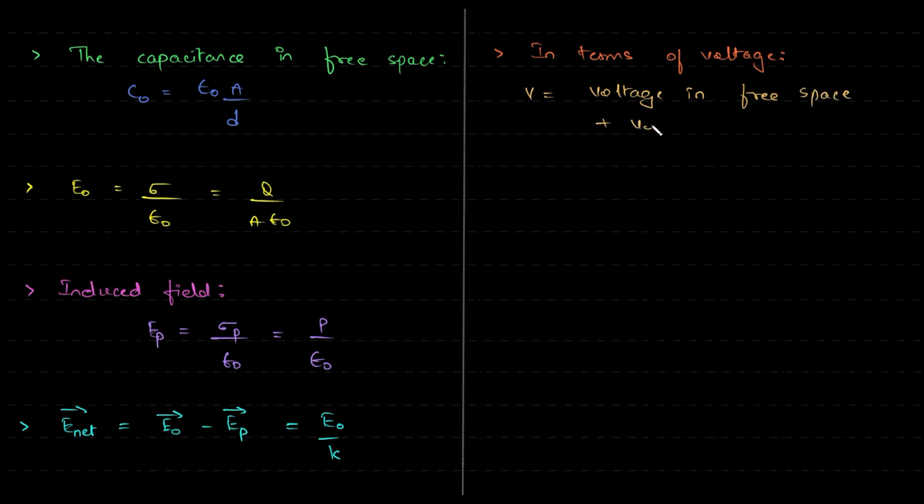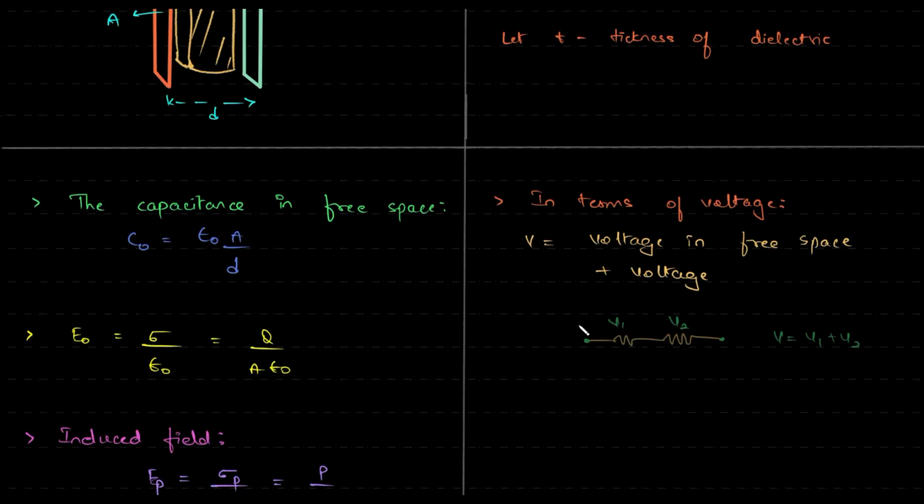Plus the voltage in what? Can you guess? So this is not for your exam. This is for your understanding. If I have two resistors, if this is V1 and this is V2, then V will be V1 plus V2, is it not? And that's all we are doing over here.